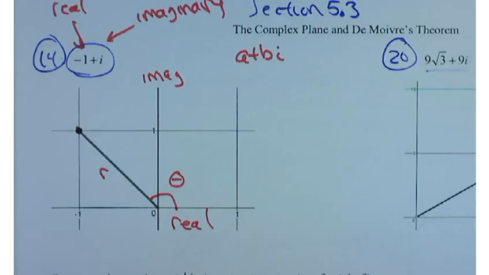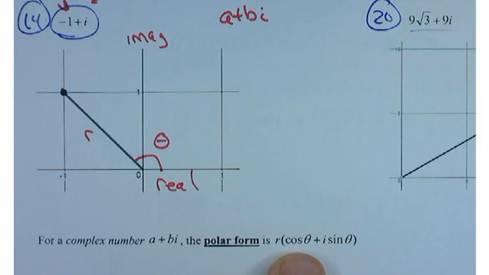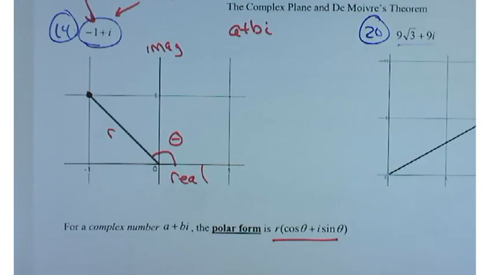Instead of rectangular form, we write it in polar form, which is r times cosine of theta plus i times the sine of theta. So that's polar form, and that's what we're going to work towards.